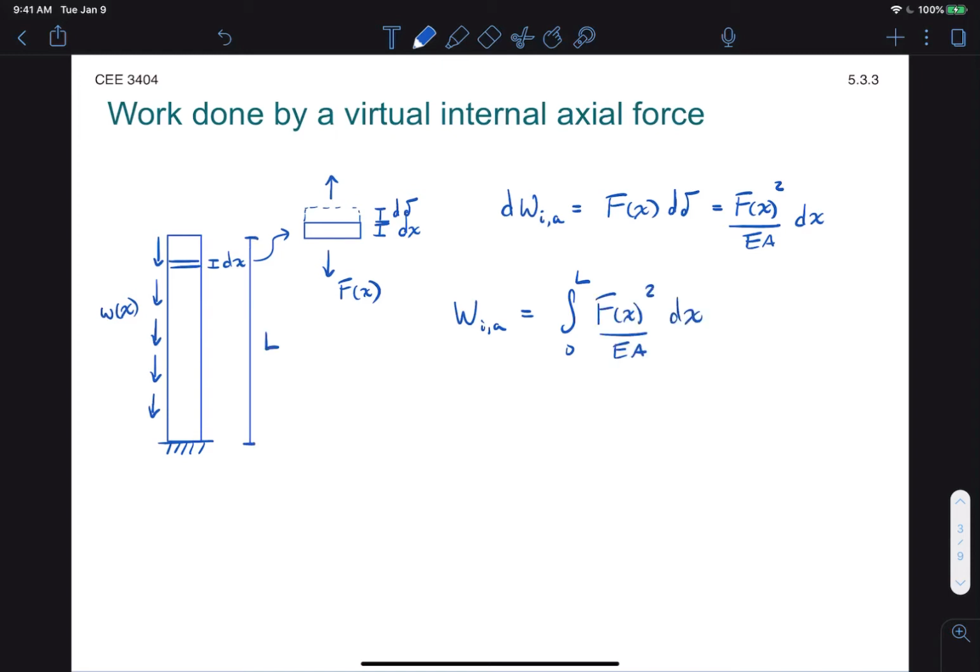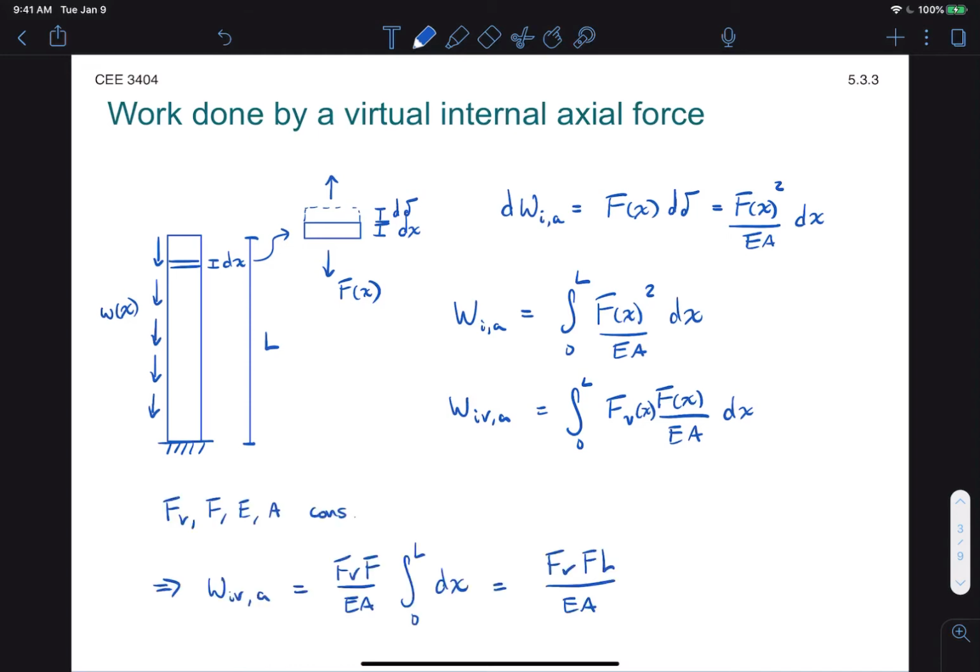And of course, when we talk about virtual work, the force applied to the beam will actually be the virtual force. So the virtual work equation will look a little bit different, where one of those forces changes to the virtual force. Now notice that in the case when the internal forces as well as the properties of the beam, E and A, are all constant, the equation simplifies to the following.